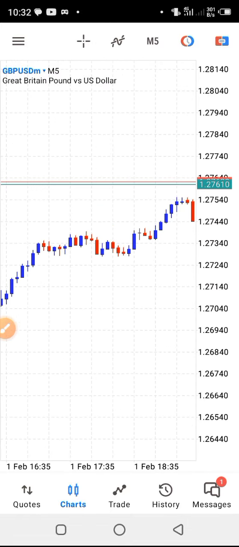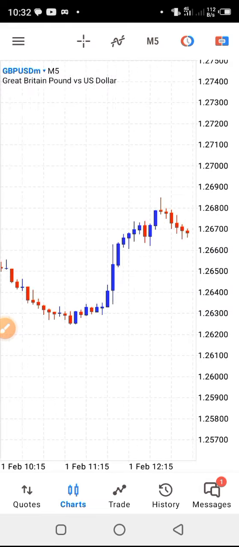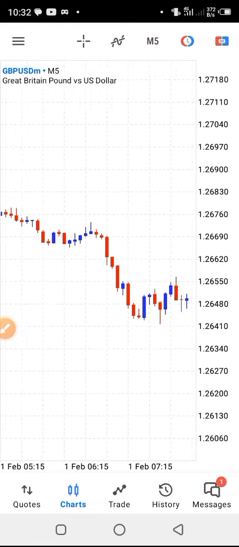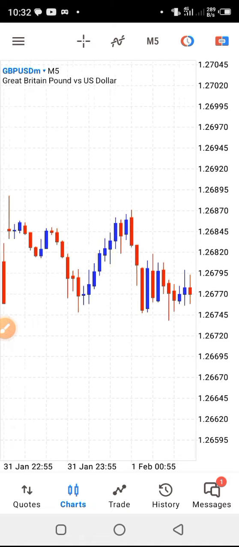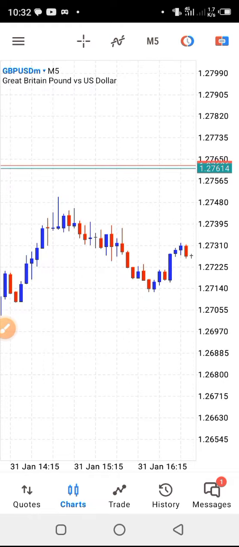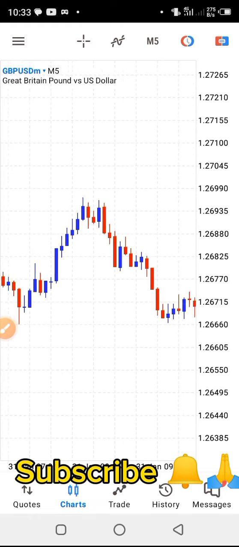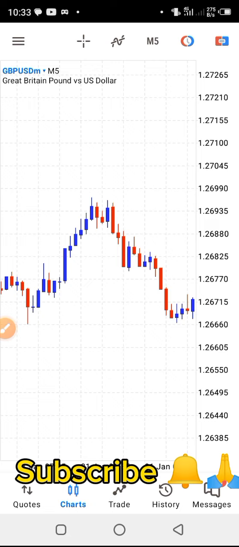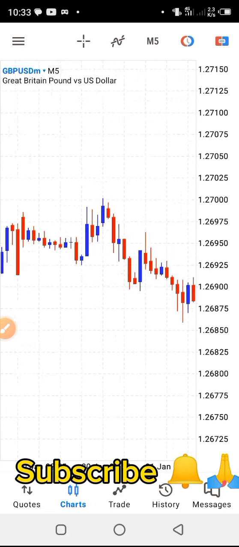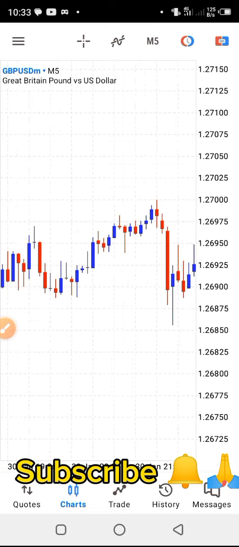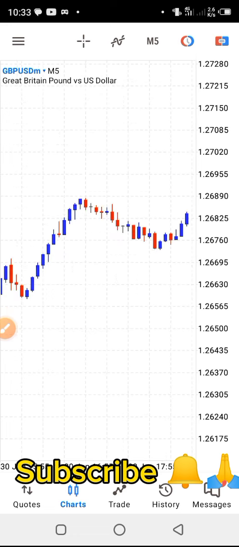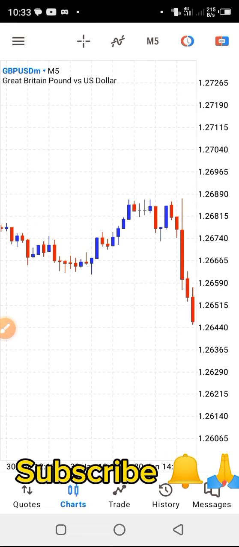While you're learning the more complex strategies, liquidity sweep, breaker block, order blocks, all those SMC ideologies and the rest, you can use this simpler model, because this is a very simple model anybody can actually apply. You can use it to be making money by the side while you're learning the more complex model. So I'll show you the settings of the moving averages and also how to apply them.